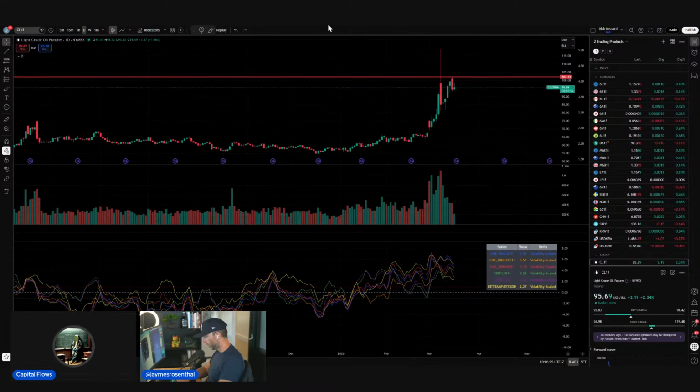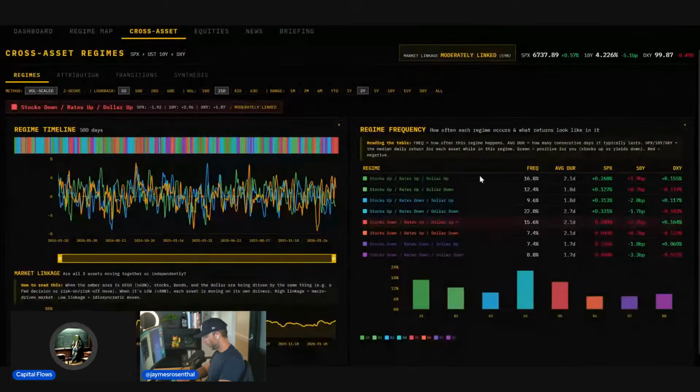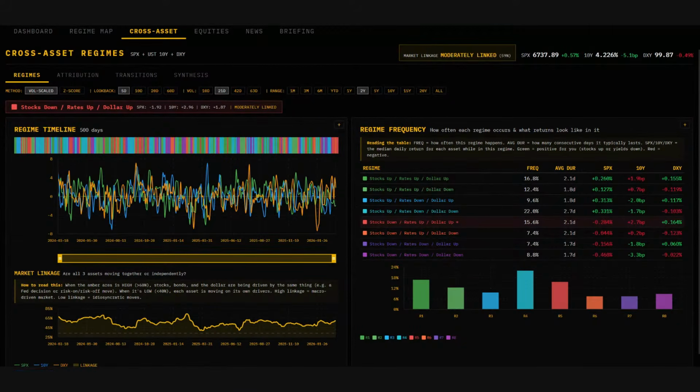The idea, and I covered this partially yesterday, was that this regime that we're in right now is one where stocks are down, rates are up, dollar is up over the last 5 days on a rate of change basis for vol adjusted returns.